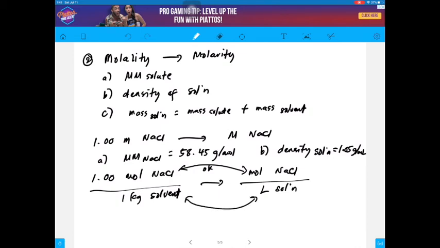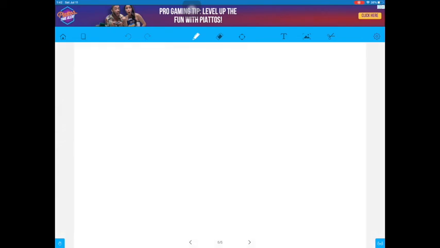How do we get liters of solution from kilograms of solvent from this information? The first thing that we need to do is to find the mass of the solution. What we know right now is that the mass of the solvent is already 1000 grams, since this one is 1 kilogram of water.